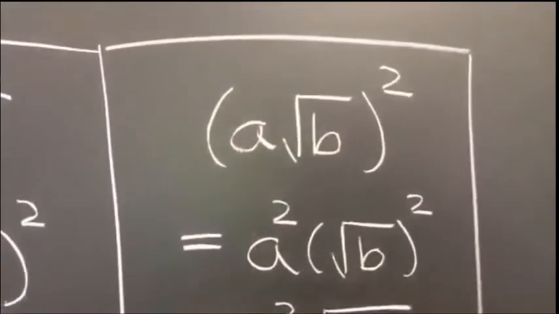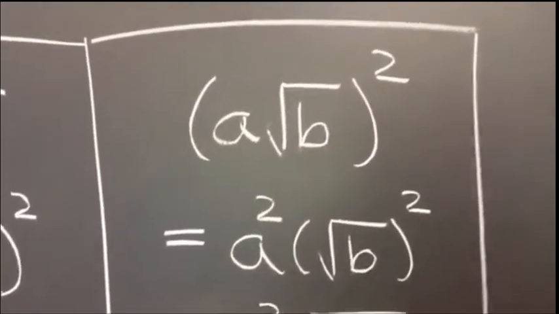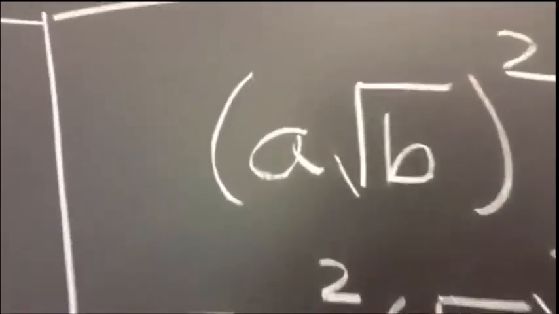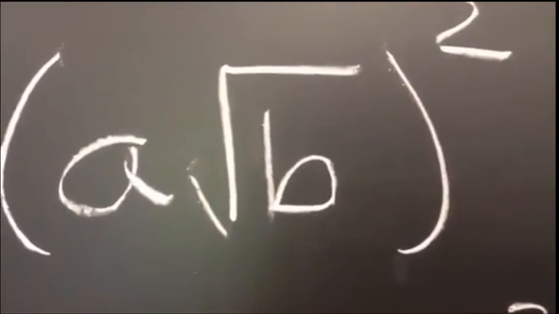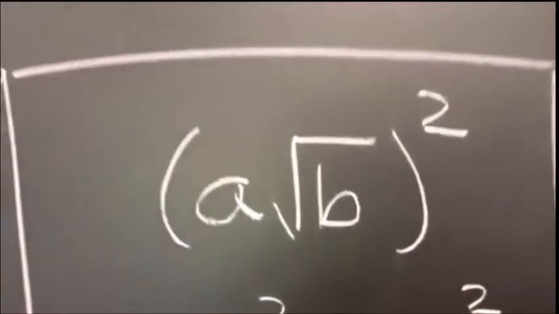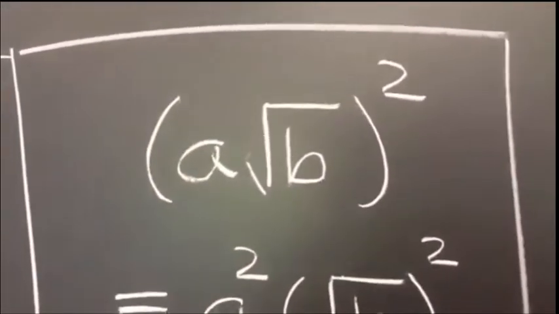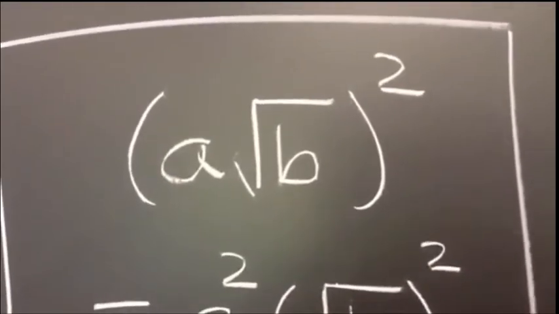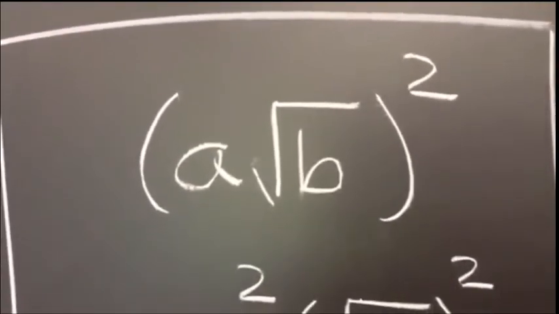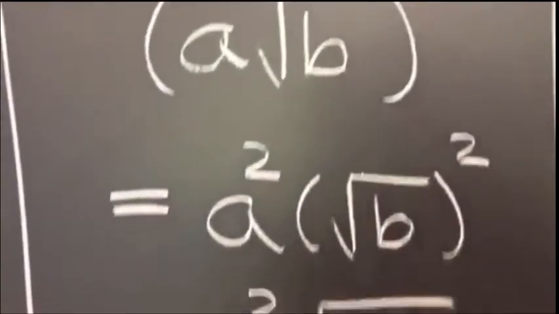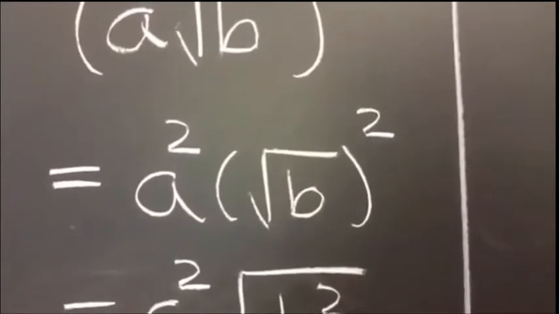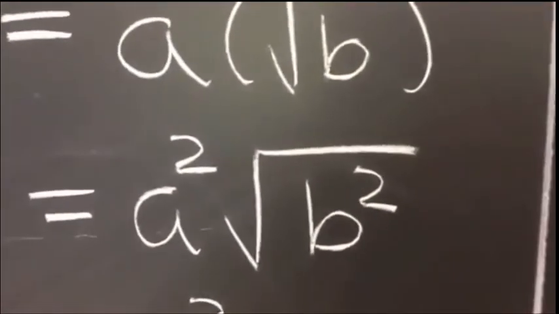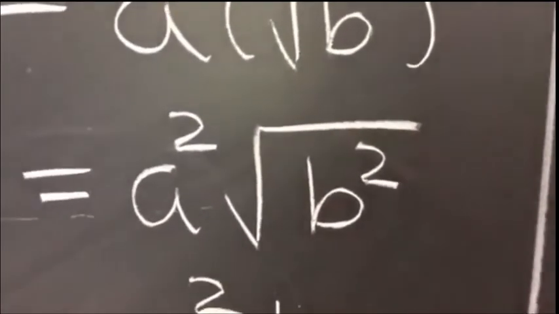For you algebra heads out there, I'm going to give you a nice handy dandy rule. a is any real number, period. b is any positive real number. That's important. Is there a rule that allows me to take this and simplify it? The answer is yes. a square roots of b squared is the same as a squared times the square root of b squared.